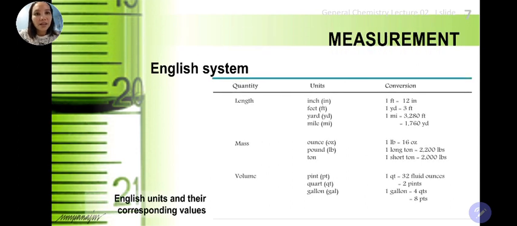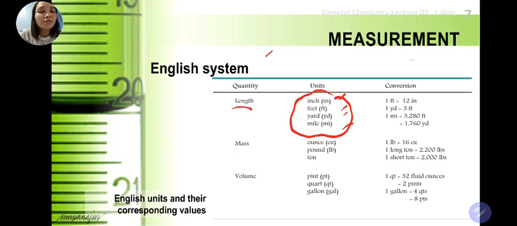So, this is the English units and their corresponding values in measurement. So, sa length, meron tayong inch, feet, yard, mile. So, kapag ganito yung nakita nyong units of measurement, ibig sabihin, English system ang gamit natin for length.